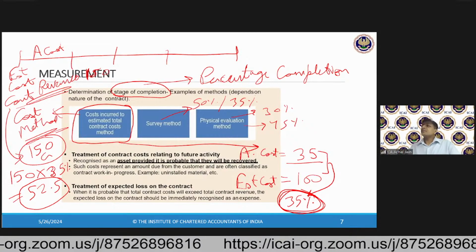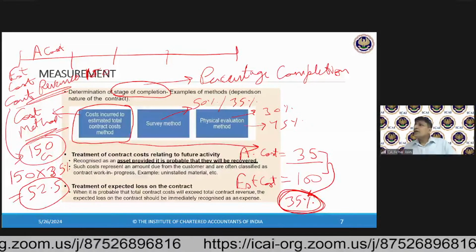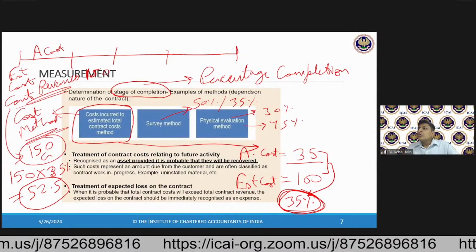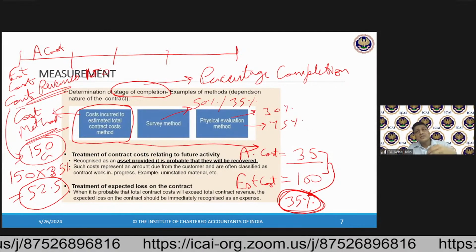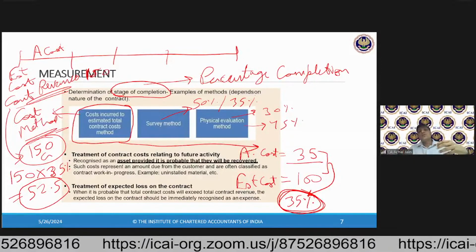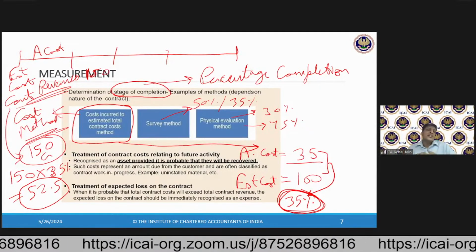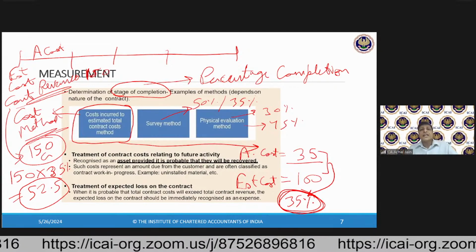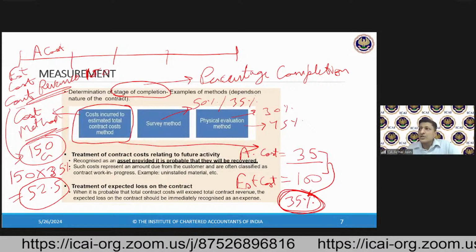Okay. Then I think Preeti has a query. Preeti is asking, sir, fixed contract cost may be increased due to increase in money value. Yes, that is what you call escalation. That is why the contractor may reach out to the customer when the project gets delayed, for that time value of money. That is what you call escalation also.